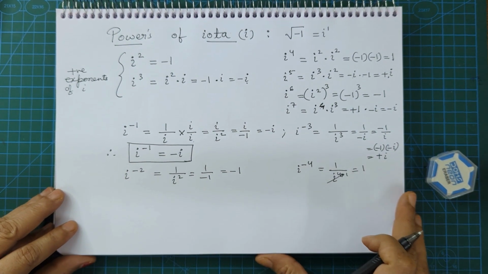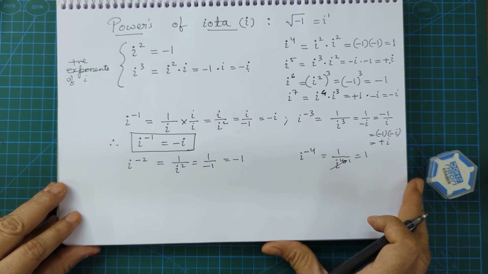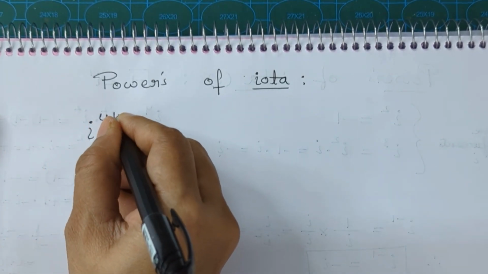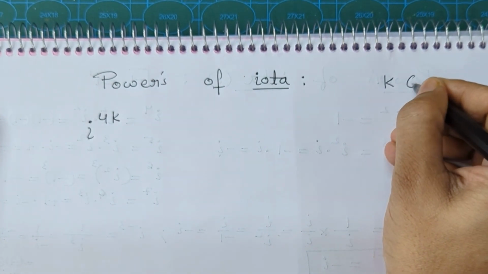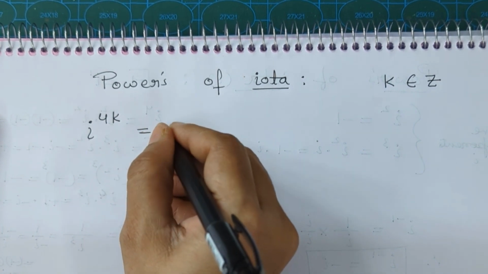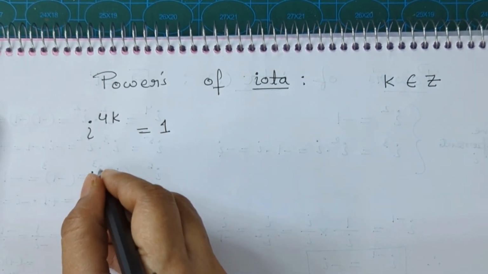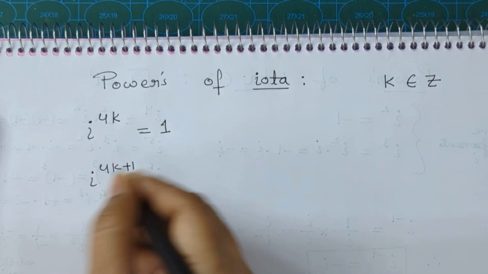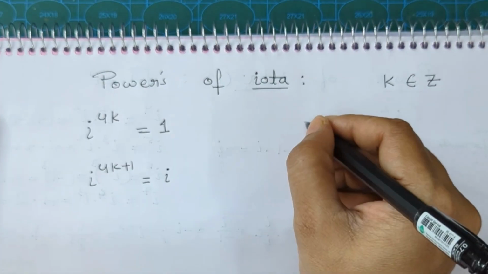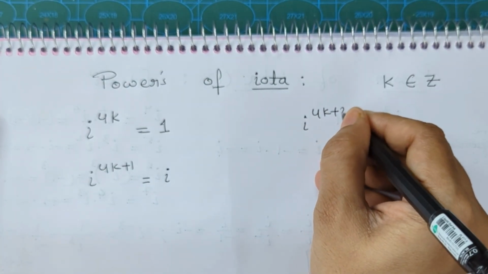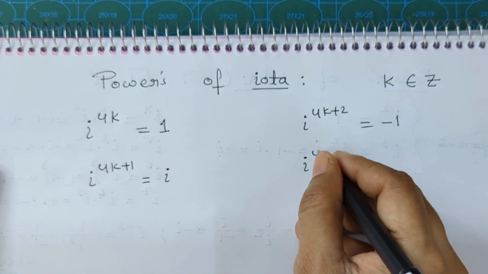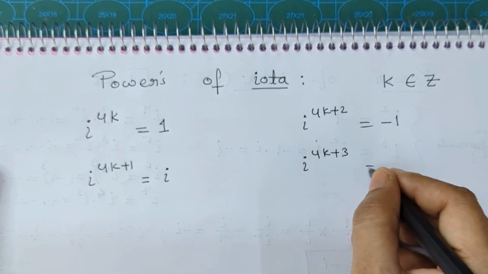Based on this symmetry, we will write a general formula for the powers of iota. i to the power 4k, where k is any integer, k belongs to the set of integers. So i to the power 4k is 1. The next exponent, i to the power 4k plus 1, is i. i to the power 4k plus 2 is negative 1, and i to the power 4k plus 3 is negative i.